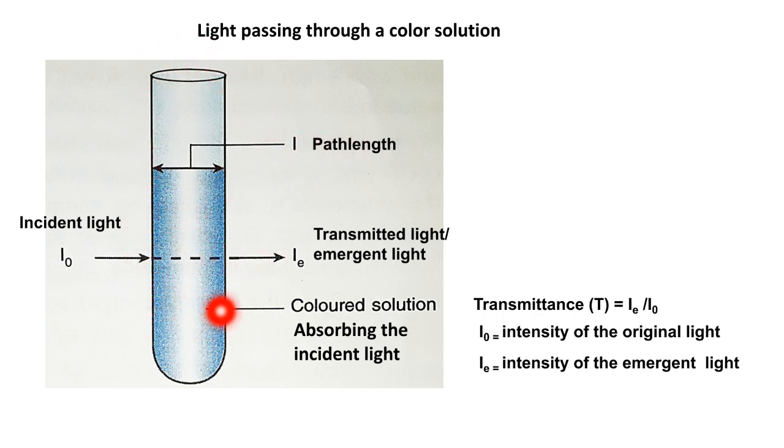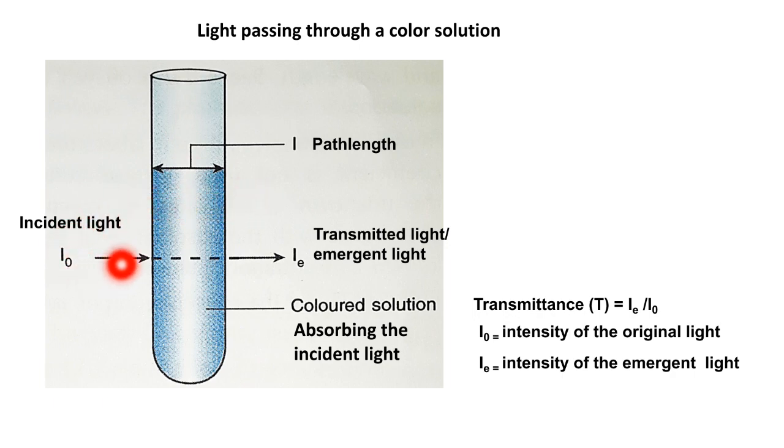So there is a sample which is containing color solution. After modification with the reagents, it obtains the color. The concentration present in the sample produces the intensity of color. This color absorbs the specific wavelength of light.